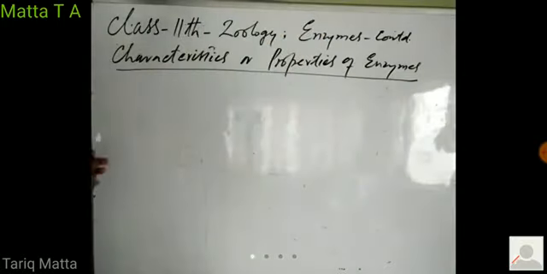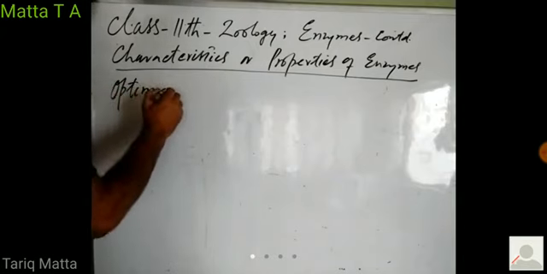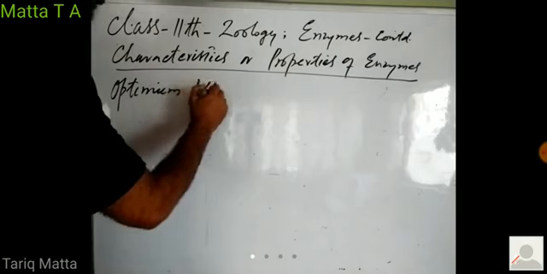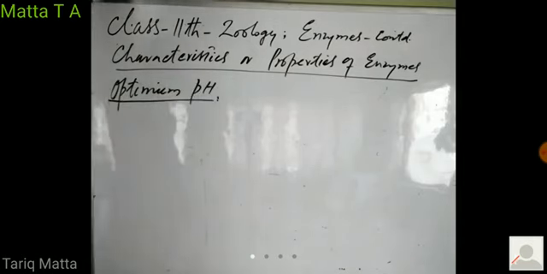Then we will discuss another property of enzyme that is known as optimum pH. So what is the optimum pH of an enzyme?